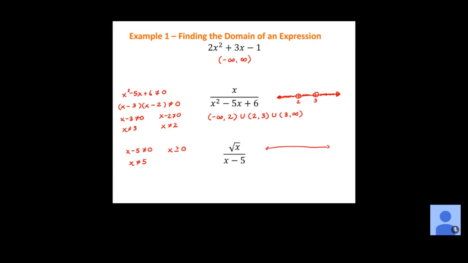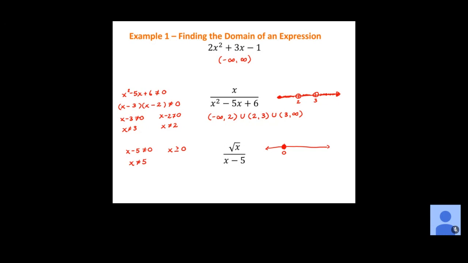So where are we going to start this time? What's the smallest value of x we can have? 0, right? Because this tells us that x has to be greater than or equal to 0. I'm going to start my number line here at 0. 0 is going to be included this time because it's greater than or equal to. So I'm going to have a closed circle at 0.